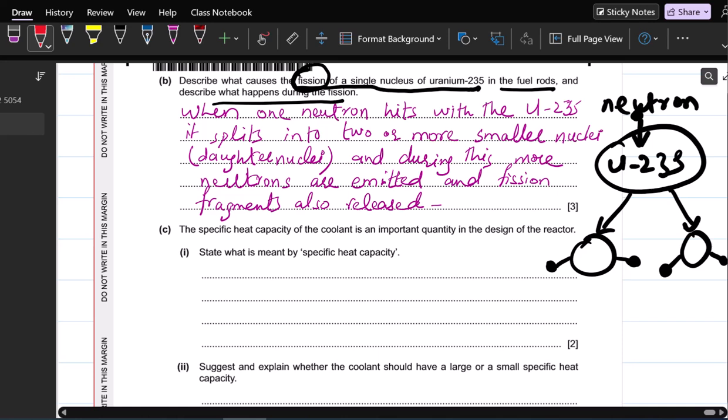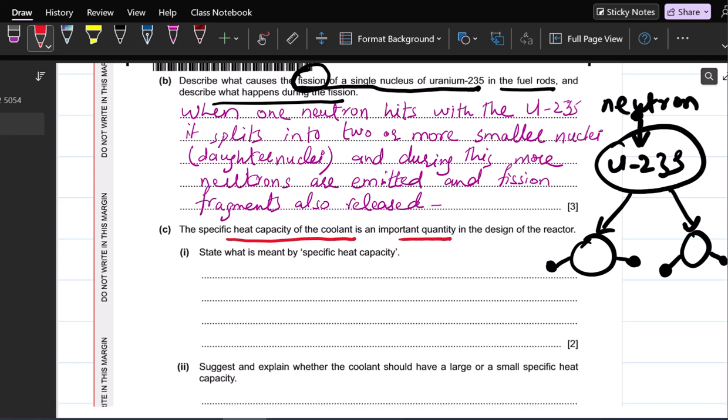So now we have part C: the specific heat capacity of the coolant is an important quantity in the design of the reactor. State what is meant by specific heat capacity. So here you have to write the statement, you have to write the definition. It's very important.